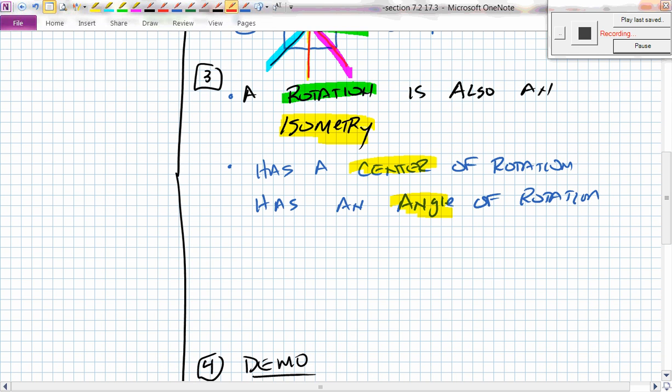We're going to talk about these two things. So a rotation is an isometry with two parts, a center and an angle of rotation. And here's an example that we're going to quickly do.